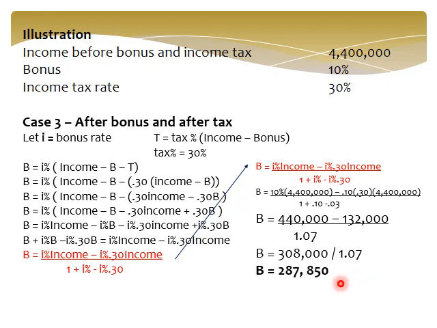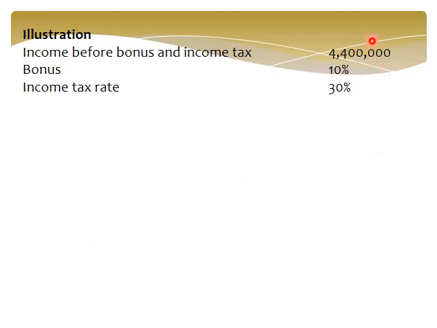To record this, debit bonus expense 287,850, credit bonus payable 287,850. Our last illustration for bonus computation, the same information, 4.4 million, bonus rate 10%, income tax rate 30%.